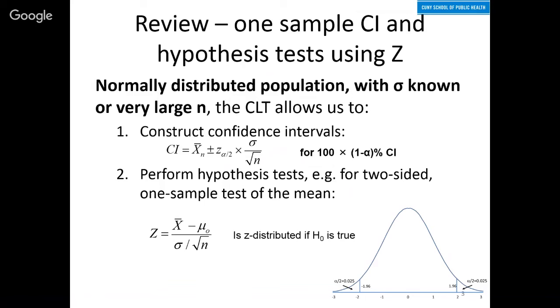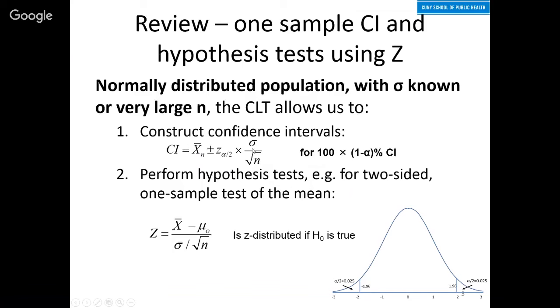So just to do a quick review of last week, wherein we covered one sample hypothesis tests, and the week before that, confidence intervals. You'll recall that to construct a confidence interval from a sample, you use the sample mean and the standard deviation.